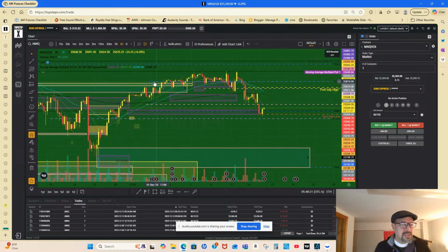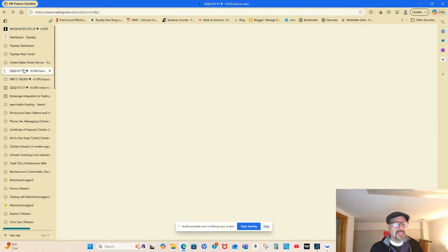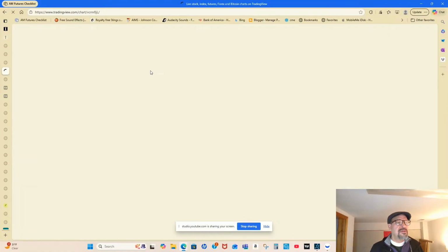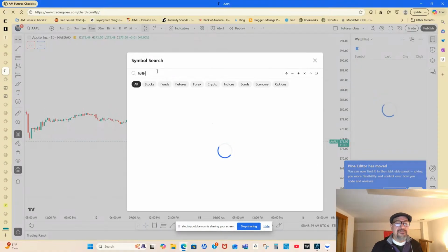See, I want to start using my TradingView because it has some things that I can do that I can't do on here. But TradingView doesn't give me the latest information.